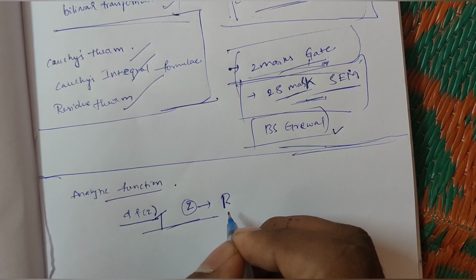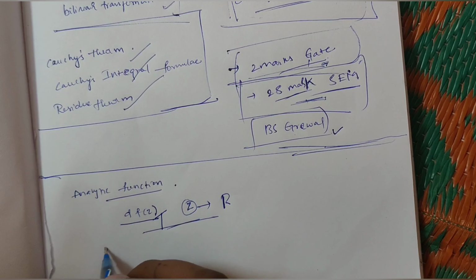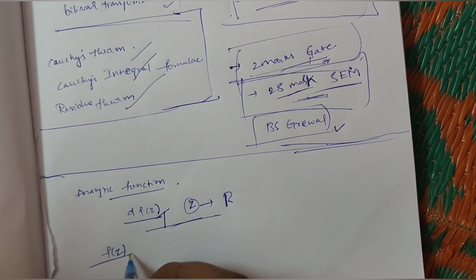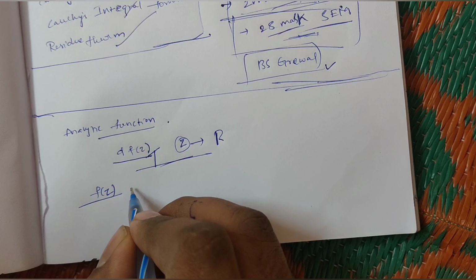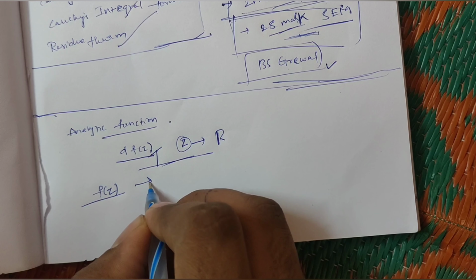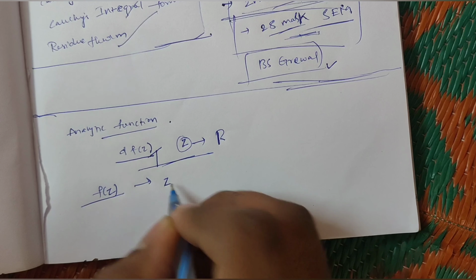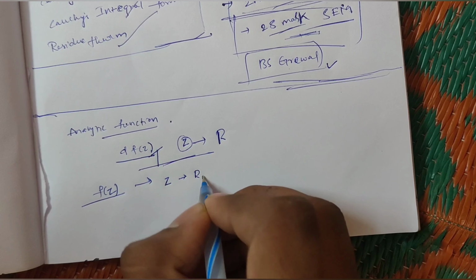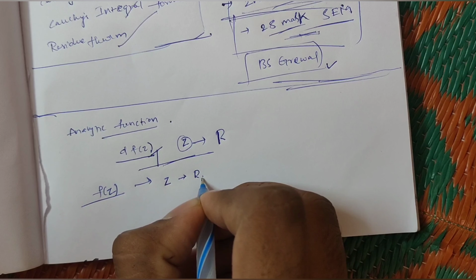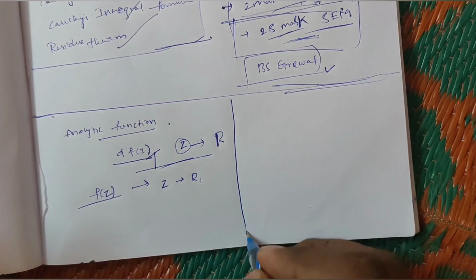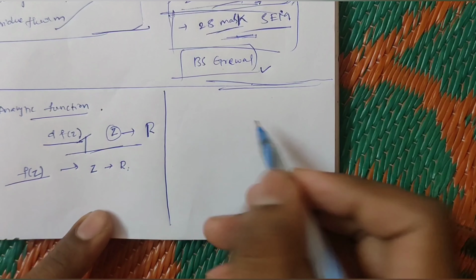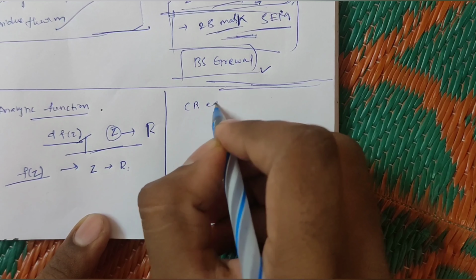Once again, the derivative of the complex function f of z is unique at a point z in a region R. Okay, so this is about analytic functions, and now comes the CR equations.